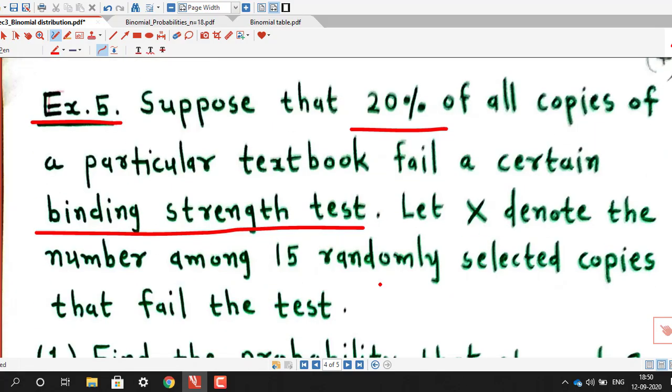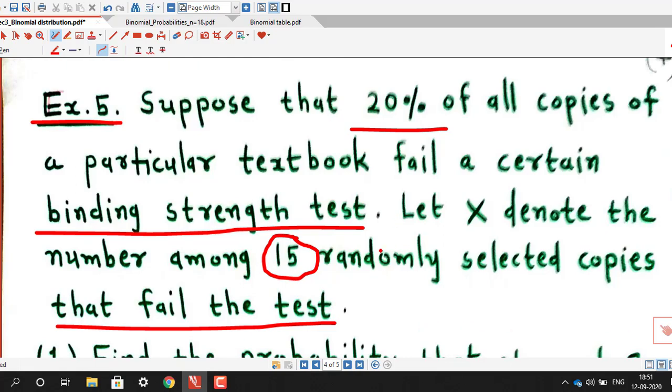So here the random experiment is to examine 15 randomly selected copies for a certain binding strength test. So if we select any particular copy, then there are two possibilities. That copy of the textbook will pass the binding strength test, or it will fail the binding strength test. Now here the random variable is the number of copies that fail the test. So we will consider success as the copy which fails the test.